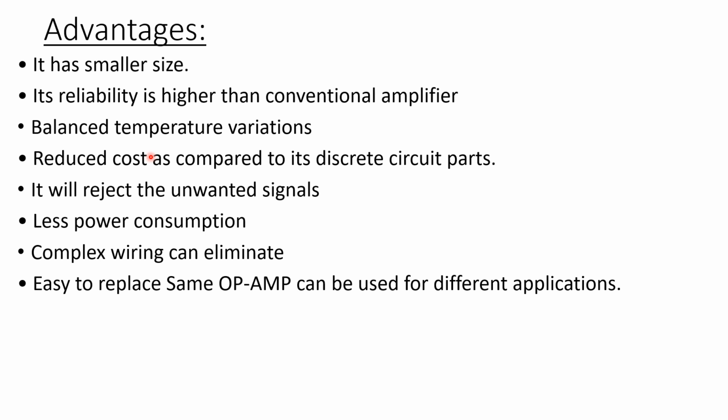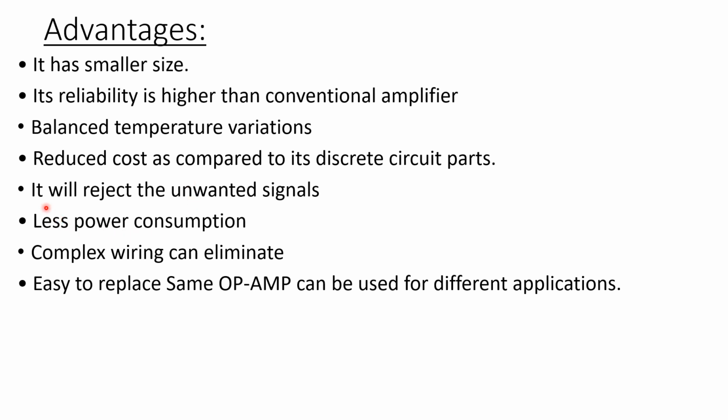For many operations, we will use these ICs to check the pulse amplitudes, etc. So we will get balanced temperature variations. Okay, and its cost is very less when compared with other ICs.